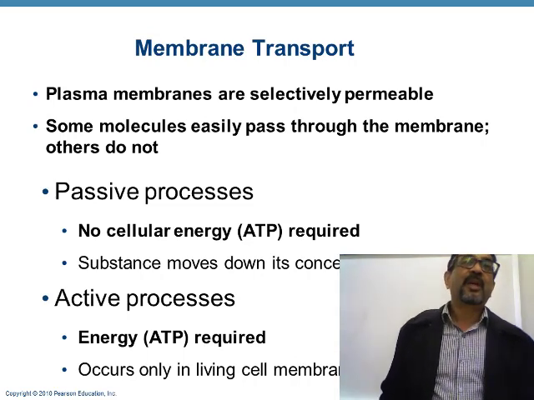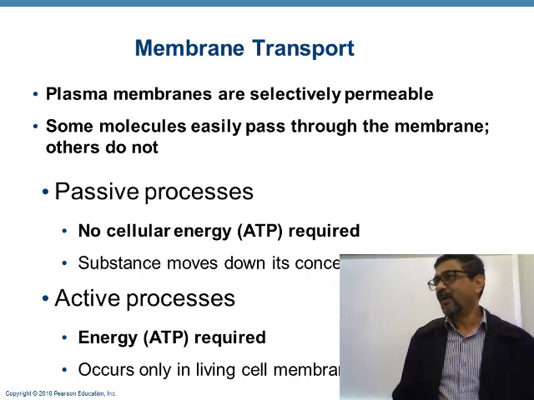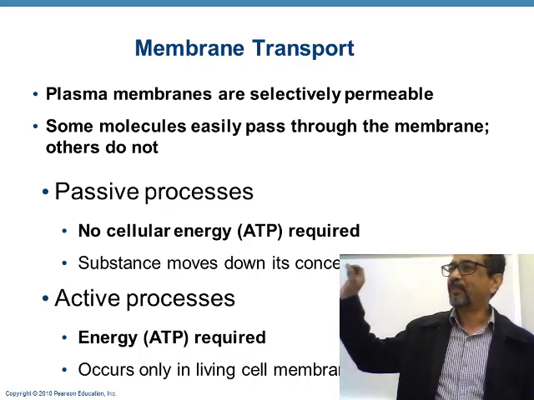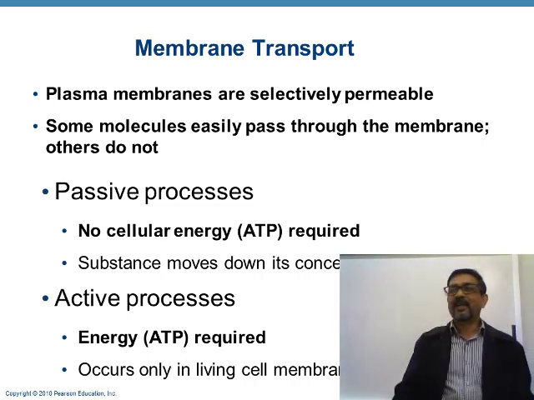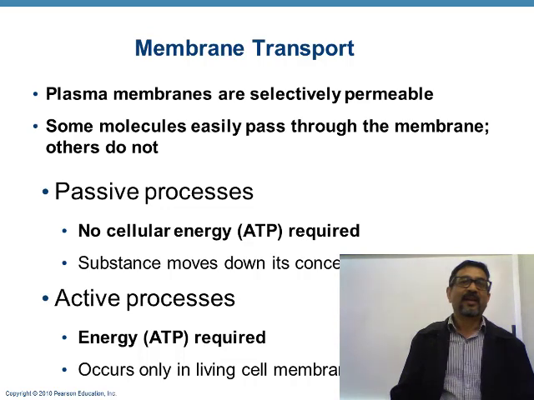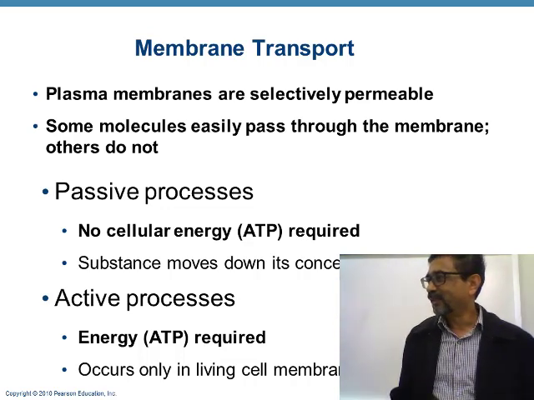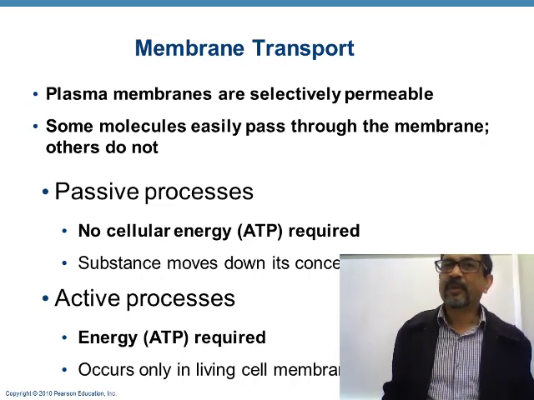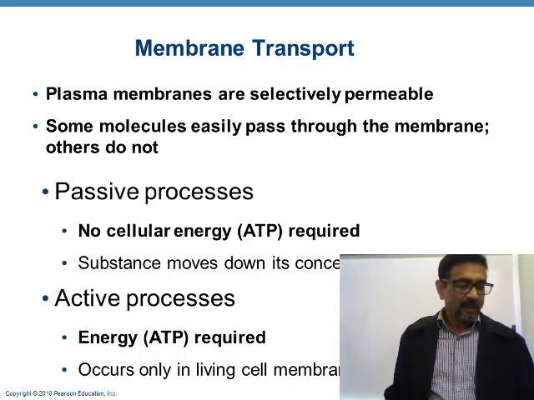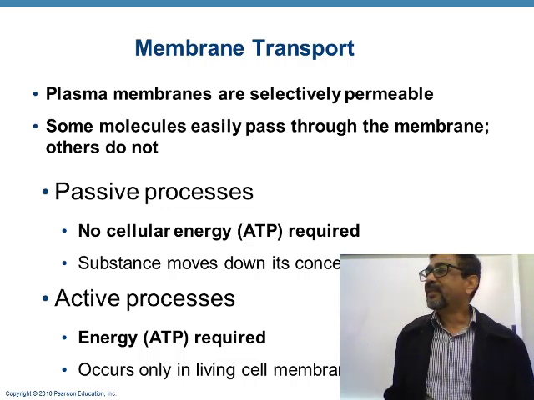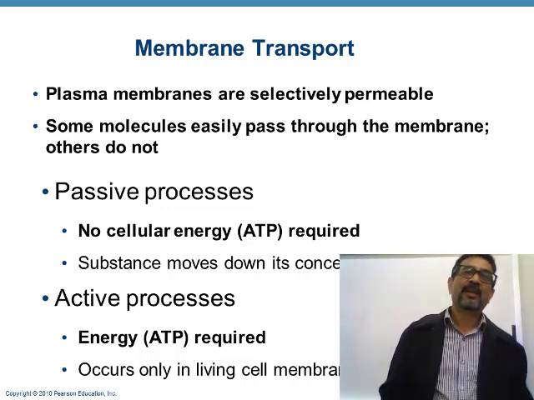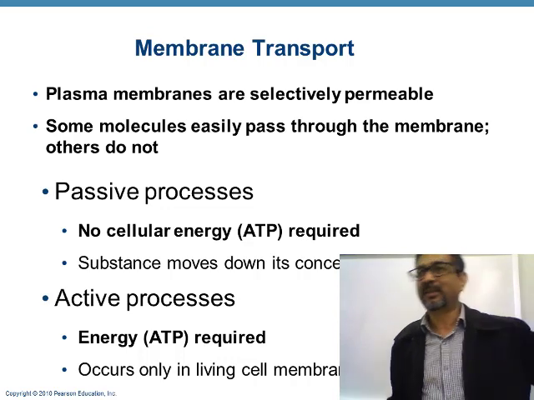Now, there are two processes of transport across the cell membrane. One is called active transport, another type is passive transport. Which one needs ATP? What do you think? Active, right? Its name is telling you that it needs energy. Active transport requires ATP, passive does not. Since active transport needs ATP, it can only occur through the living cell membrane, not in any other type of membrane.